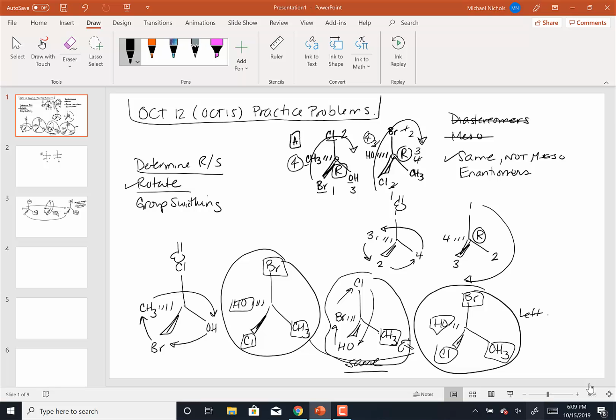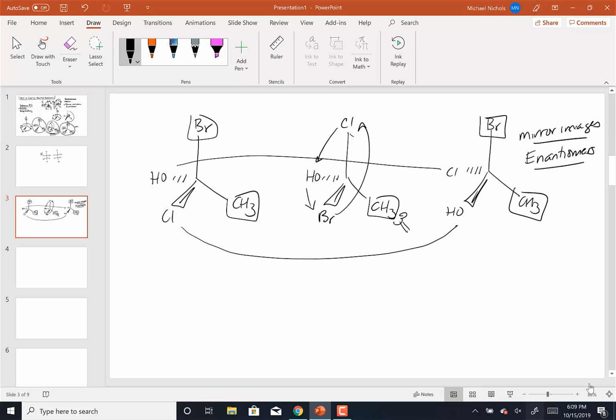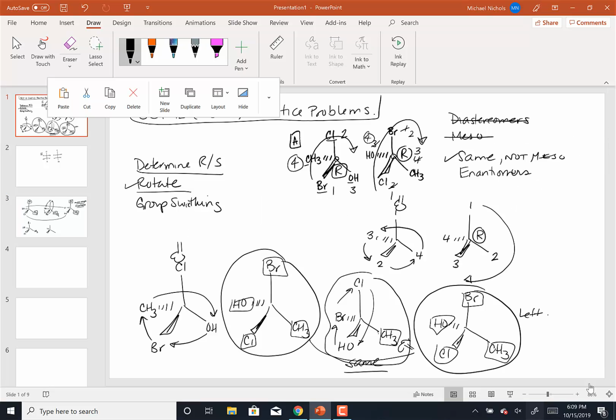And so with the group switching, what we would do is, again, I'm going to rewrite these. The original problem was, what's the relationship between these two molecules? And that was bromine, OH, Cl, and CH3. Now let me put them on the right.